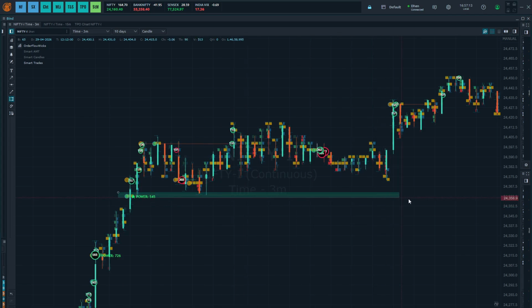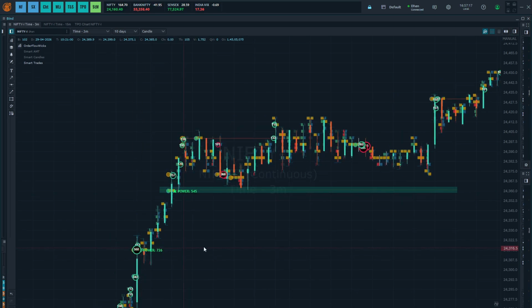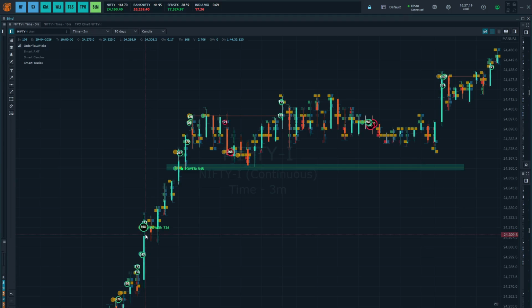So this is the power delta. We have identified the bigger delta, and here also a big delta has been identified, and we have shown it as a power as well. It tried to go down and then it takes the same support. So this is one more move which can be captured.